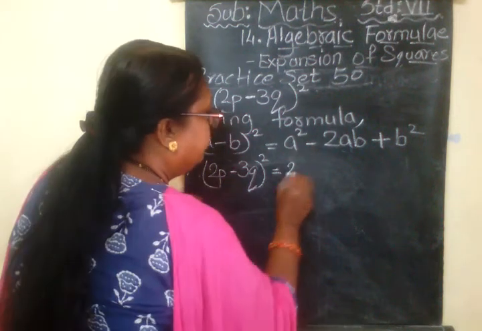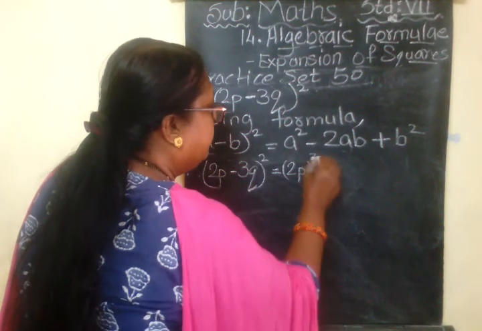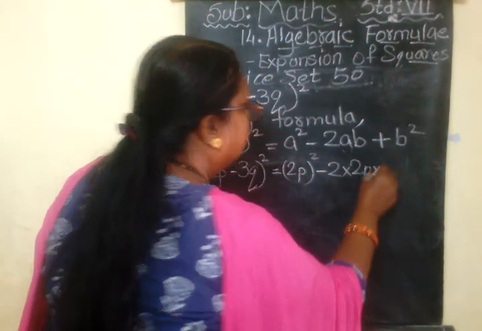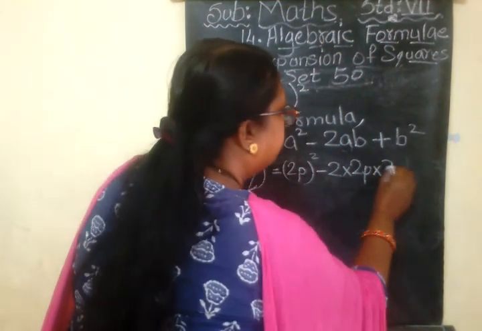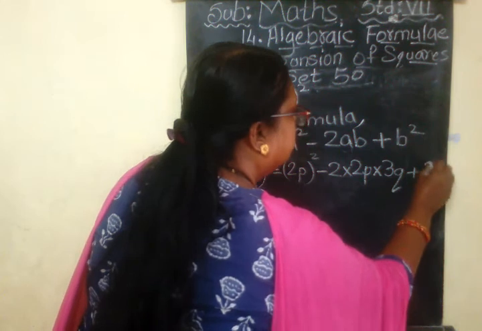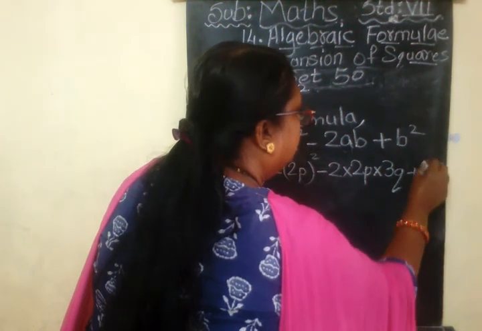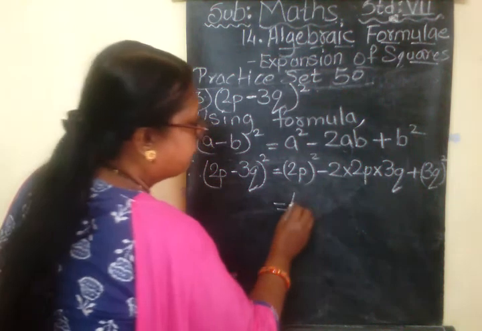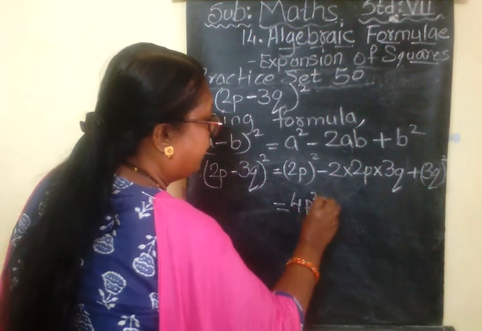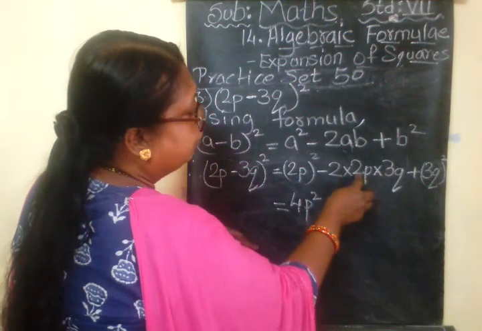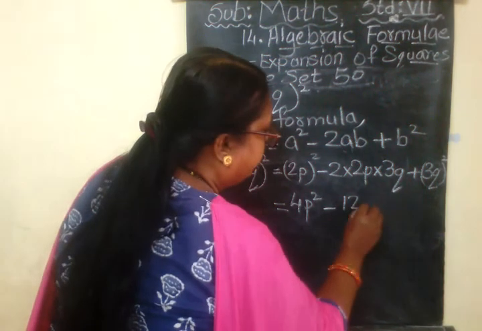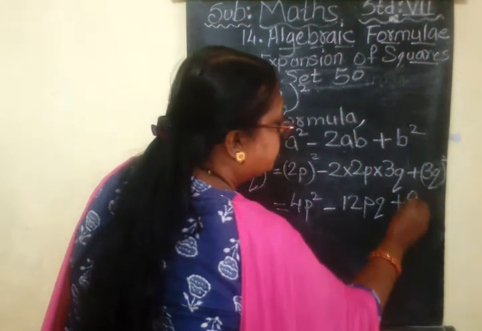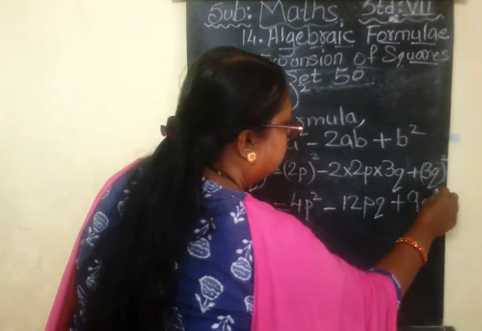So I'll write 2p the whole square minus 2 into 2p into b, which is 3q, plus 3q the whole square, which equals 2 square means 4p square minus 2 into 2 is 4, 4 3s are 12, 12pq plus 3 square is 9 and q square.